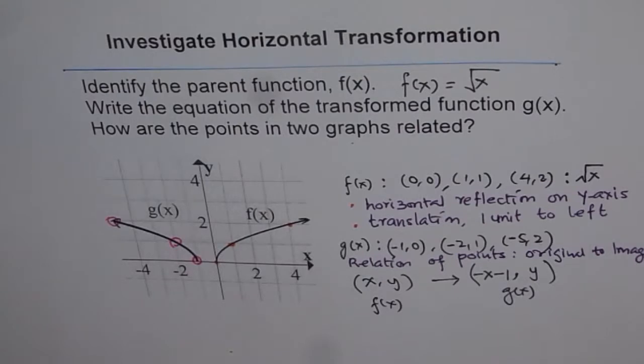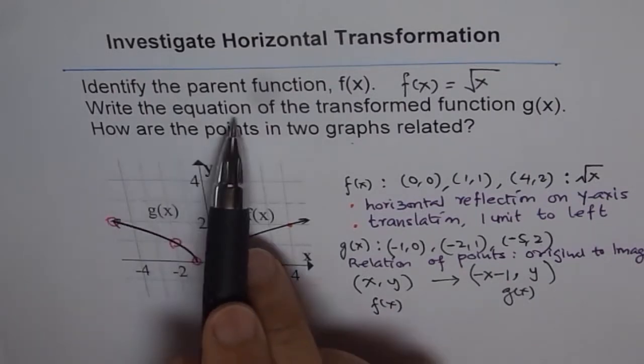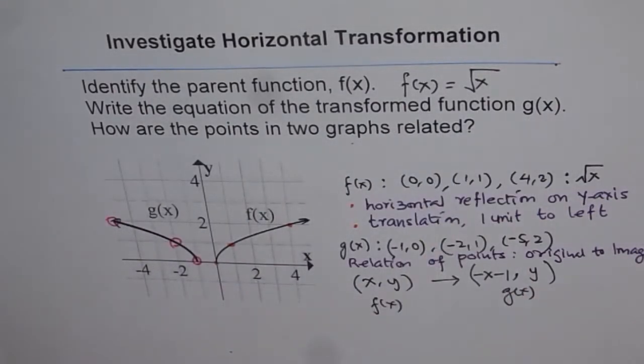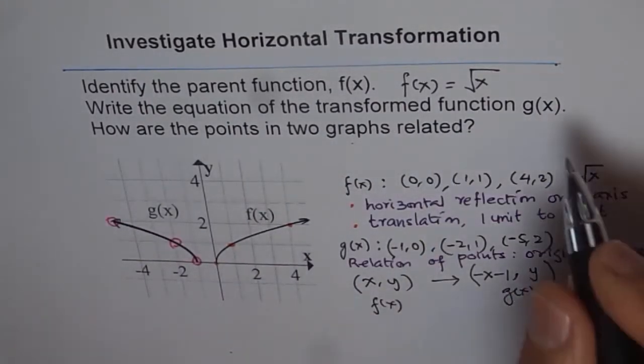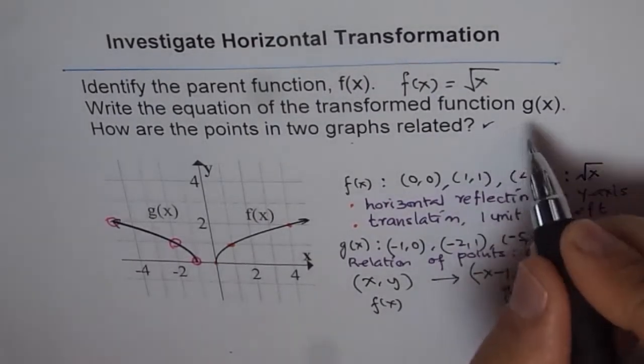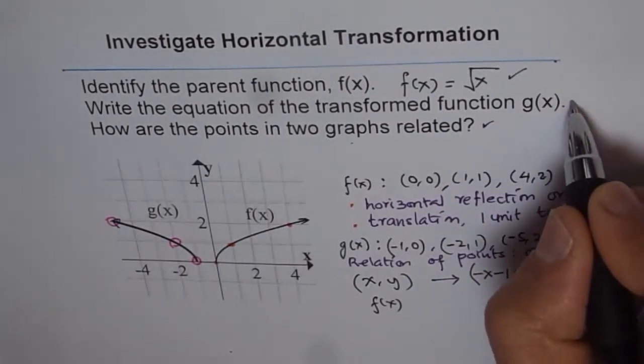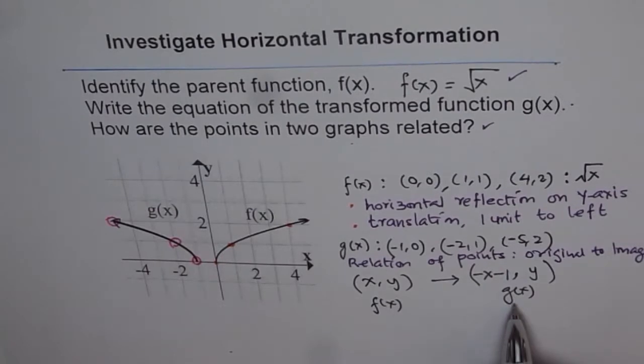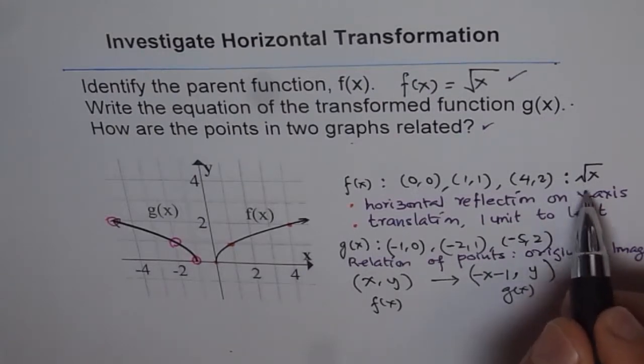Now, from this type of relation, can you give me the equation of the function? Write the equation of the transformed function g of x. Let's get back to the very first question, right? We have answered this one, now we are here. What is g of x? Since we see that y values do not change, the change is only inside the function.